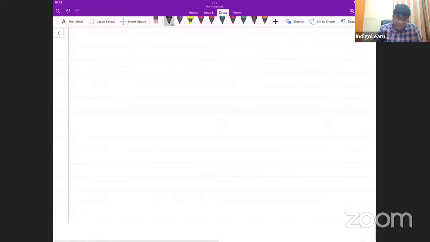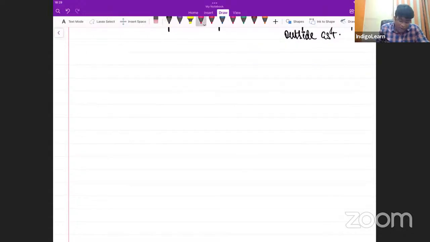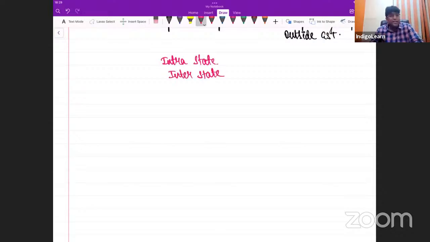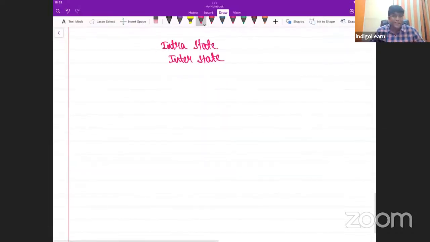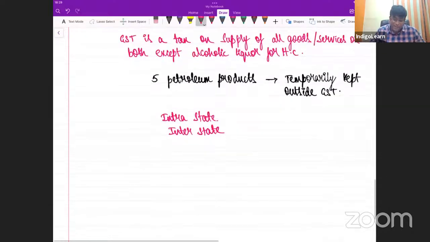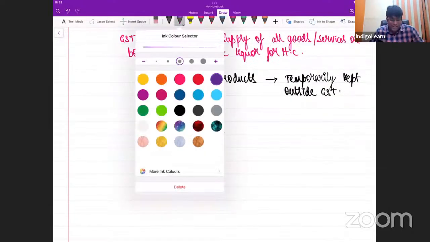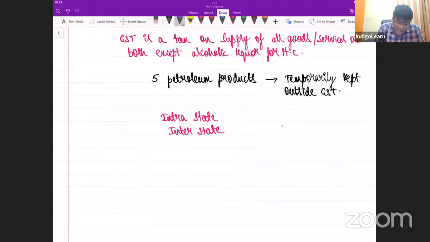So friends, can you please tell me what are the 2 types of supply? Intrastate supply, interstate supply. And intrastate, what is the tax we will charge? CGST and SGST. Interstate, what will you charge? IGST. That's important. But you have to observe an important word here, that GST is a tax on supply of all goods or services or both.